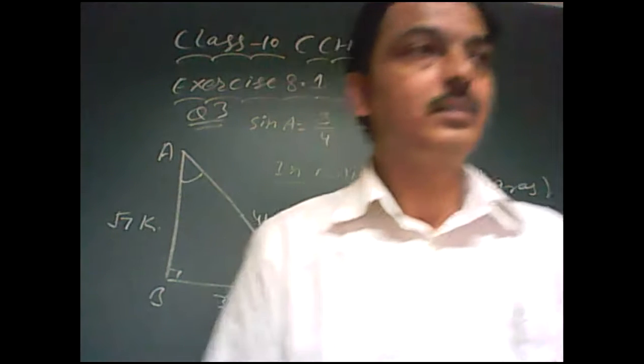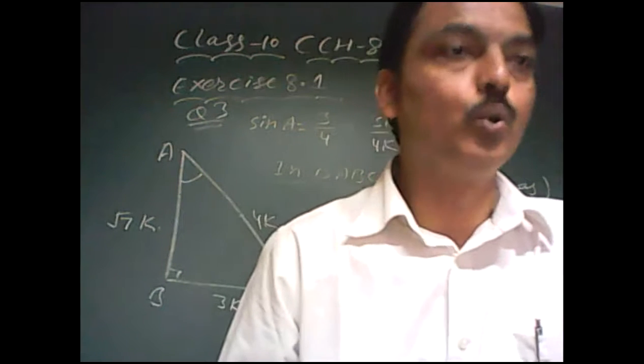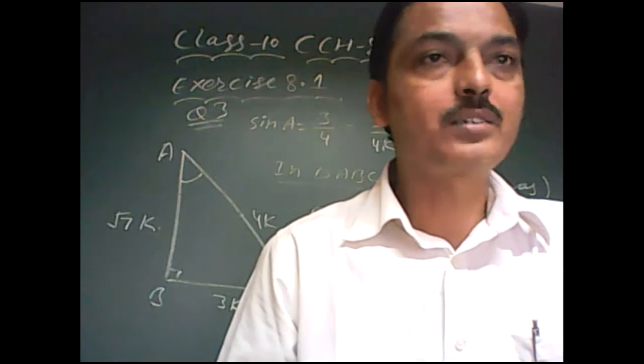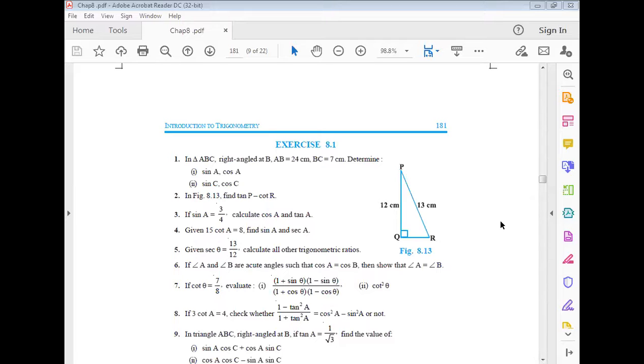Now, students, this is question number 2. Look at the screen, because in question number 2, a diagram is given, and we need to calculate tan P minus cot R. So, students, first we need to calculate QR, the third side.